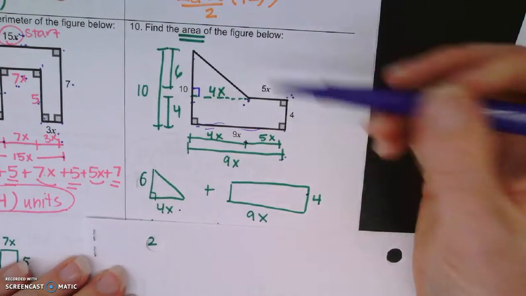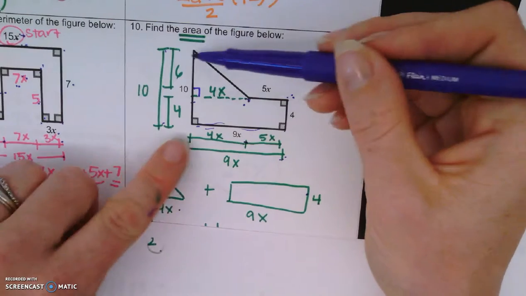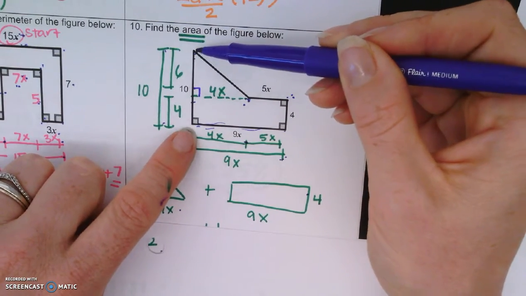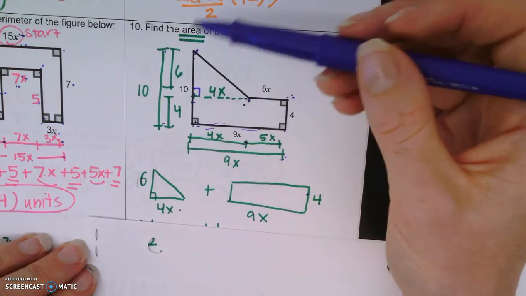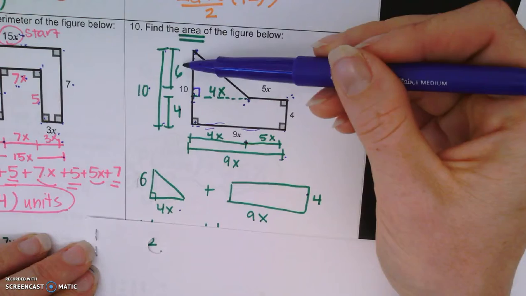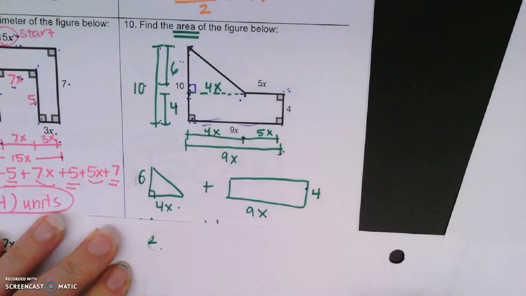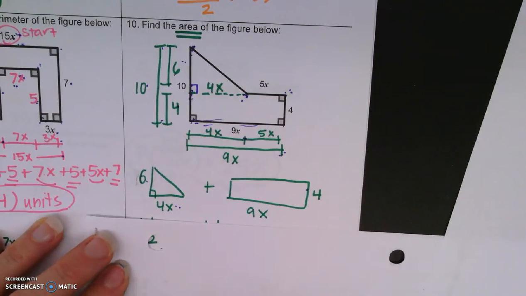Then to get the height of my triangle, I knew the whole entire side length was 10, and this part of my rectangle was 4. That makes the remaining part 4 less than 10, which is 6. So that's how I found my triangle to have a height of 6 and a base of 4x.